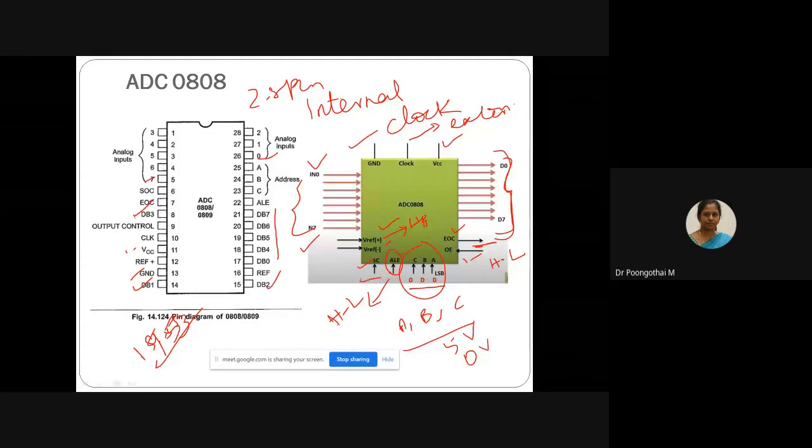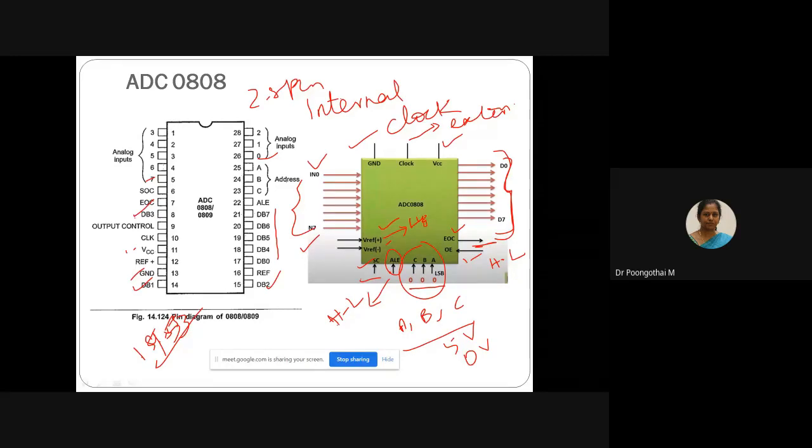So the main thing is ALE is for latching your channel address information. Start conversion is to initiate the conversion process, and if the conversion is over, end of conversion goes high to indicate that the conversion process is completed. The third signal is output enable.